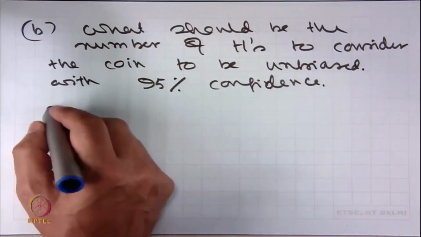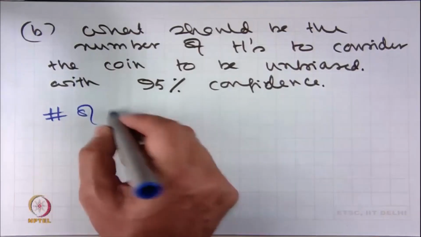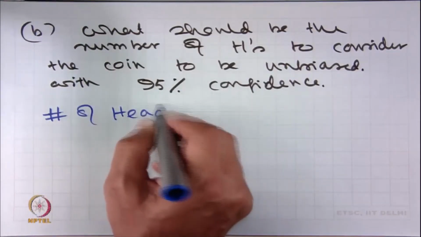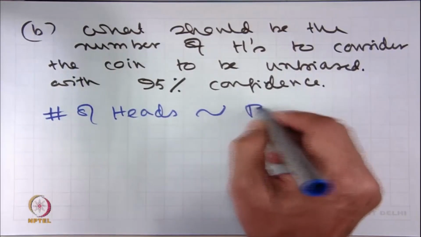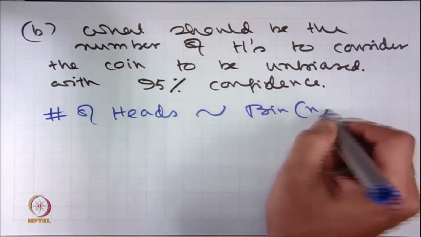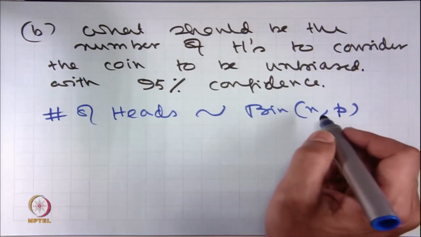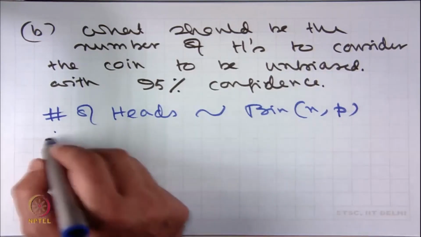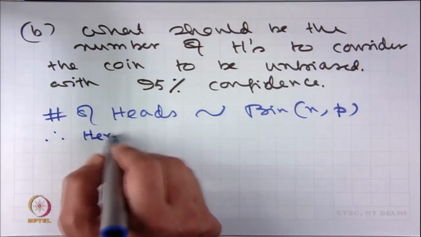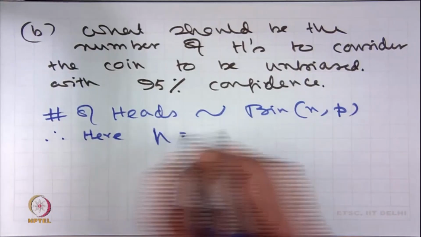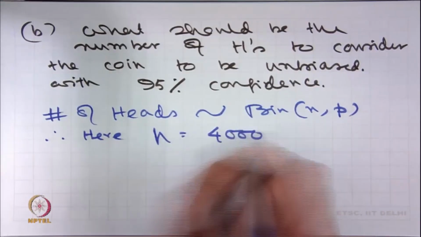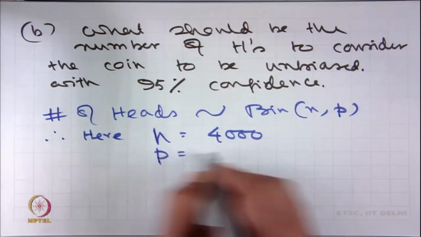We know the number of heads follows a binomial distribution. So, here n is equal to 4000, p is equal to half.